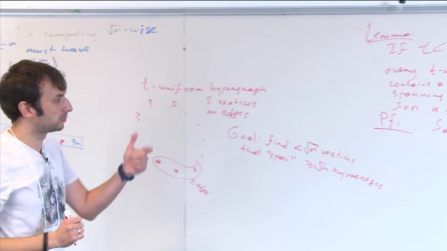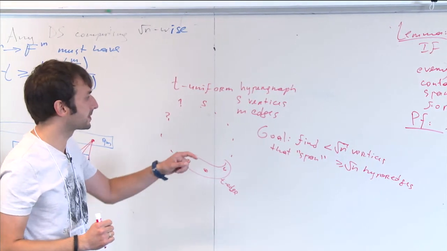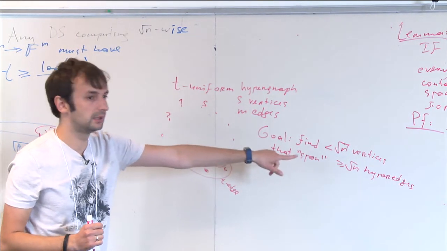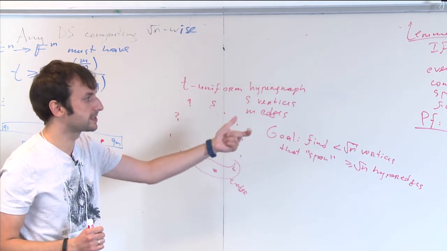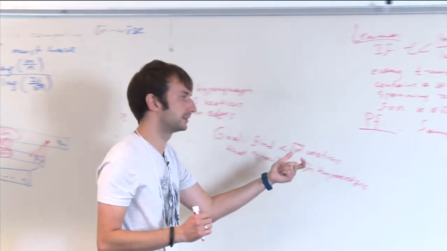And I want to say that with non-zero probability, this set of vertices will span many edges. Since it's non-zero probability, there exists such a set by the probabilistic method.